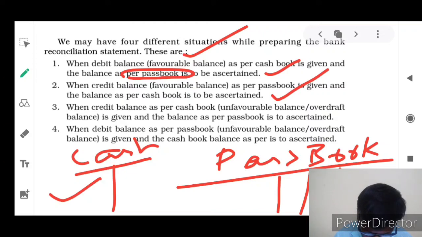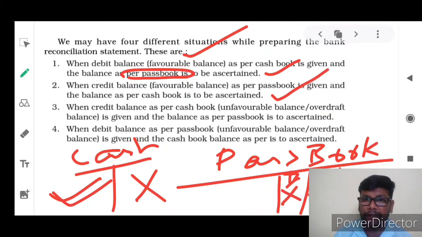It is the credit column here and the debit column there. It shows favorable balances. At the same time, the credit side of cash book and the debit side of passbook, it is a debit. So debit side of passbook is unfavorable. So you keep it in your mind.